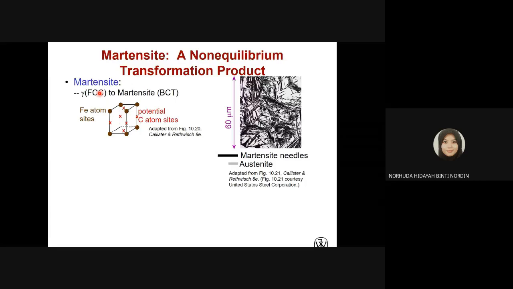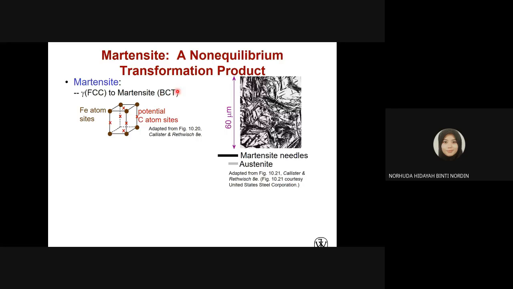Austenite just now is FCC, right? Face-centered cubic is very ductile, very soft. So if you want your steel to be very, very hard, you do heat treatment, you cool your sample down to martensite.